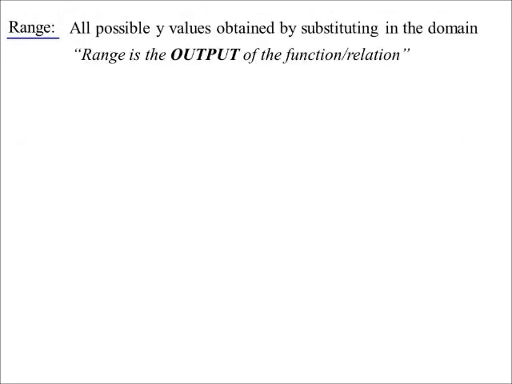Now, range. Range then is the output. Okay. So once you've used all the domain, once you've substituted in every possible value, what answers did you get? What were the y values? Okay. So it's the output. So let's have a look again visually. Brilliant.